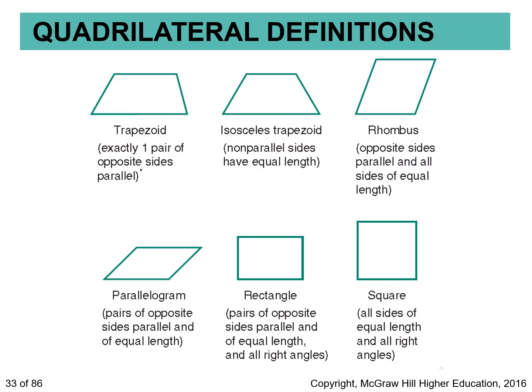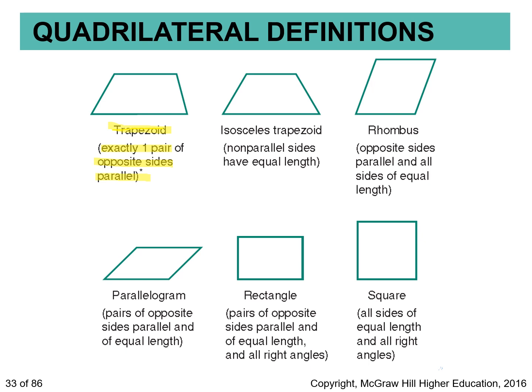Then you have these quadrilateral definitions. In Texas, we get exactly 1 pair of opposite sides parallel for a trapezoid. If you went to school in a different state, this is a different definition, but we use exactly 1 pair of opposite sides parallel.